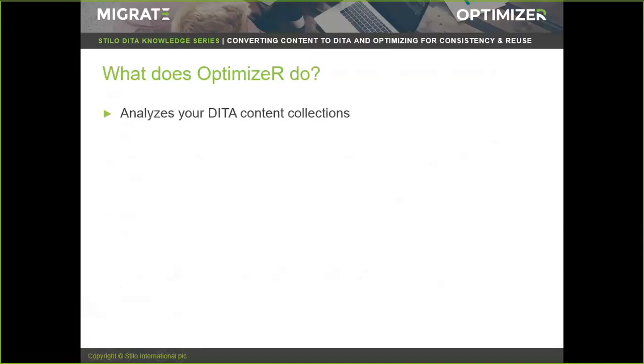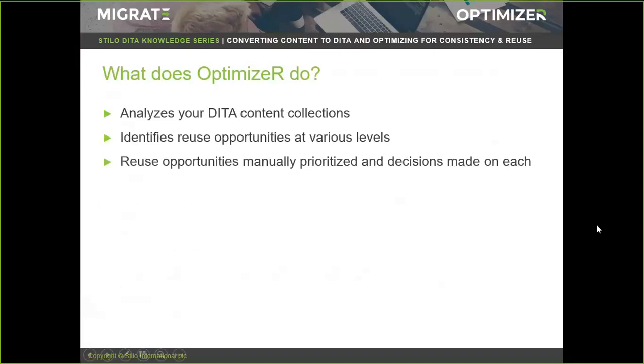Let me just say, basically, what it does do, it analyzes your DITA content collections. So Helen will have converted that content from Word to DITA, and she'll be mixing that with some other DITA content collections that she has, I think from a FrameMaker conversion. We'll identify reuse opportunities at various levels. We'll be able to manually prioritize those reuse opportunities, and we'll make decisions on each.